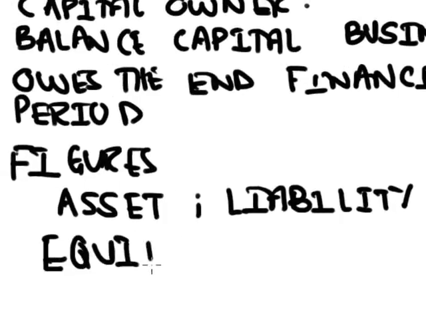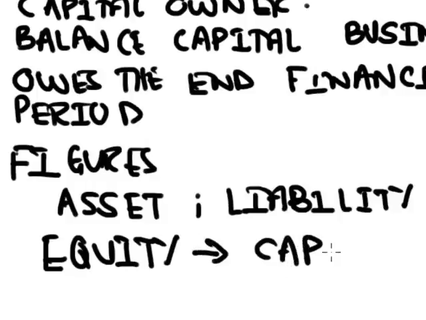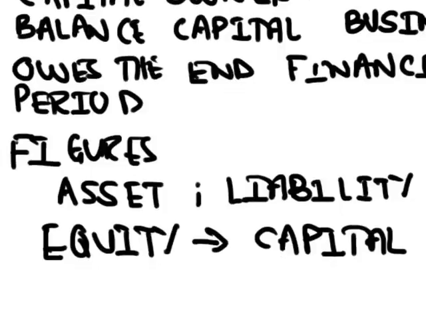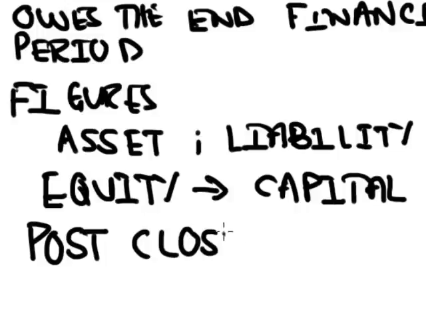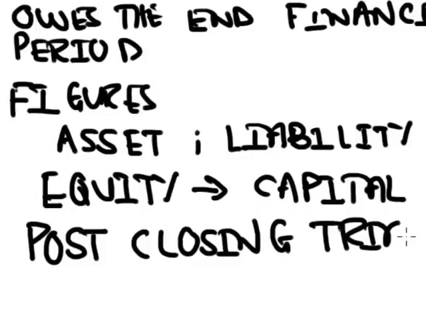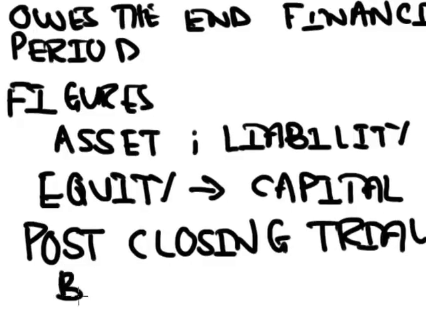And we all know that the equity account is the capital account of the owner. This will now be used to draw up what we refer to as the post-closing trial balance.